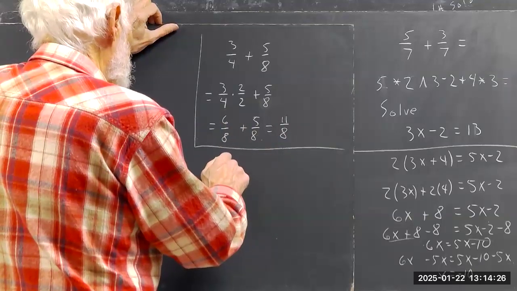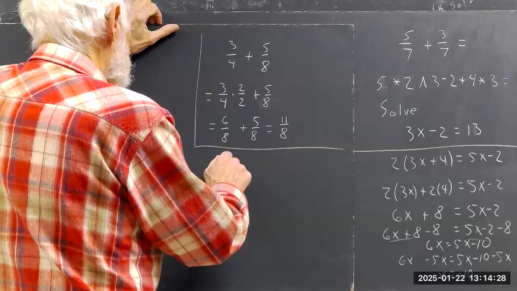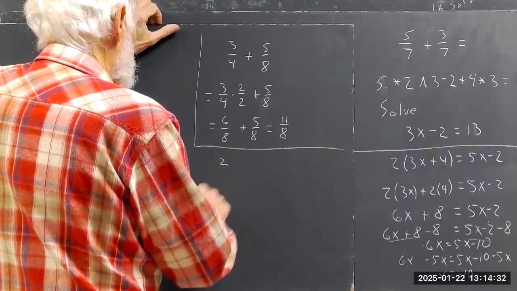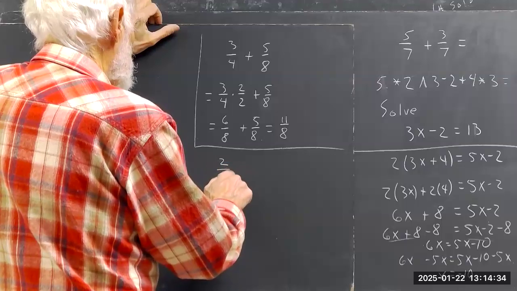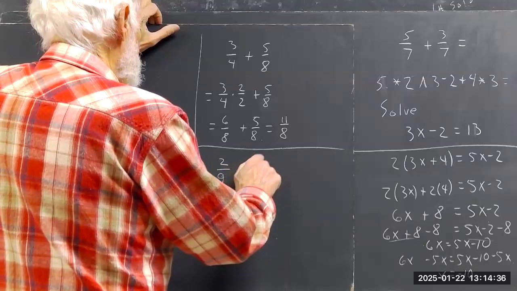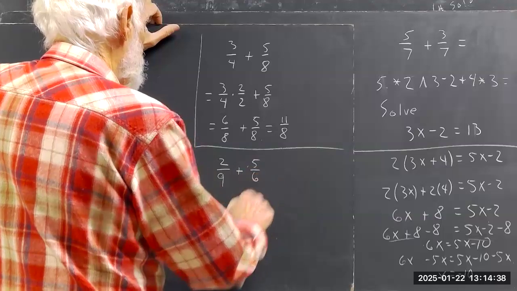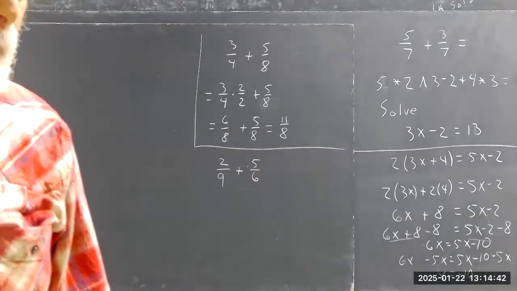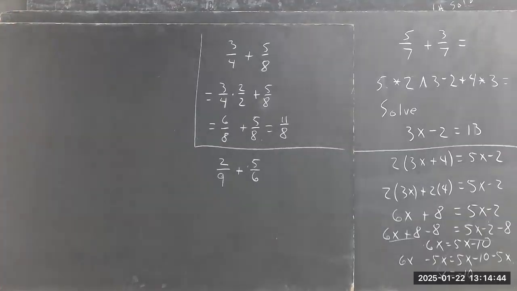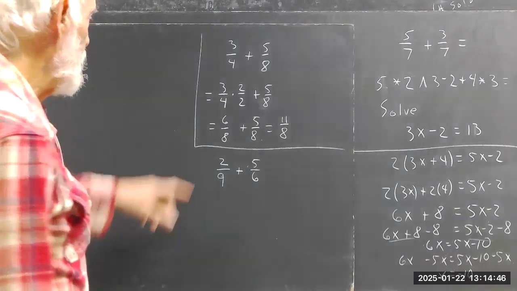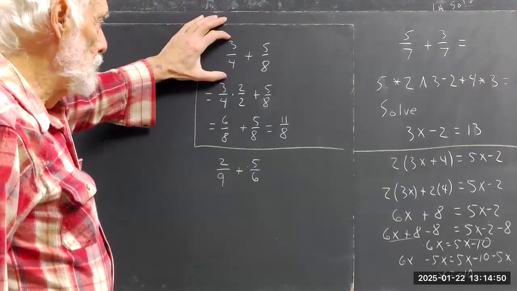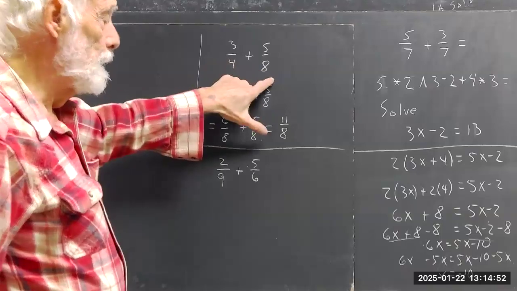And let's say we got 2/9 plus 5/6. Now here, it was kind of obvious. The way we think about this, when you look at this, you think, oh, the denominators are different.